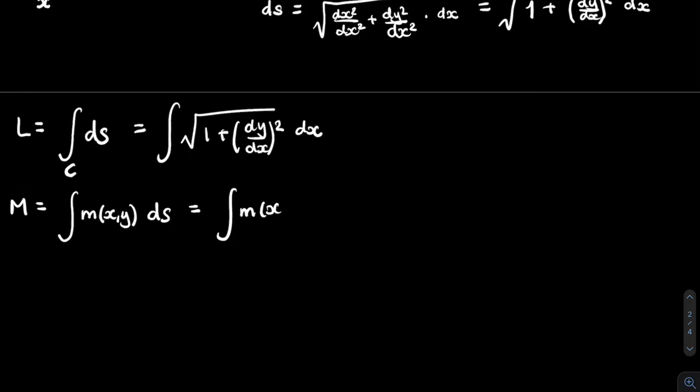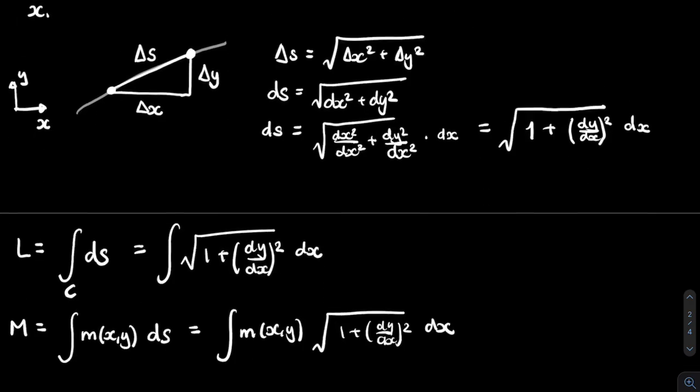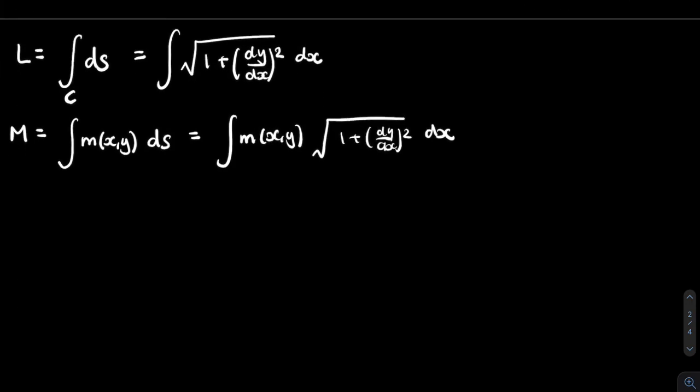So we have m of x and y multiplied by the square root of 1 plus (dy/dx) all squared, times dx. And of course then you can substitute in limits of what x is: they would be simply whatever the x position is right here to whatever the x position is right here, which is super helpful because then we can simply do a straight integral along x and Bob's your uncle.